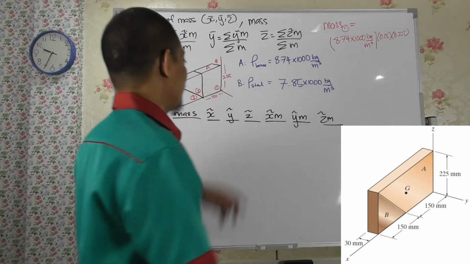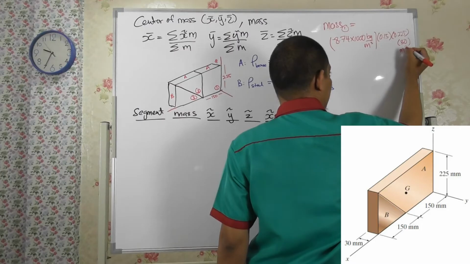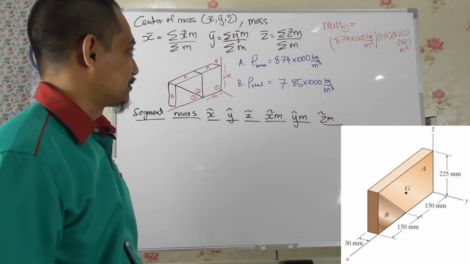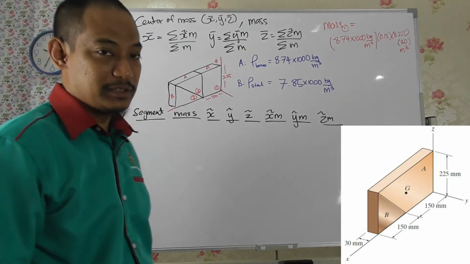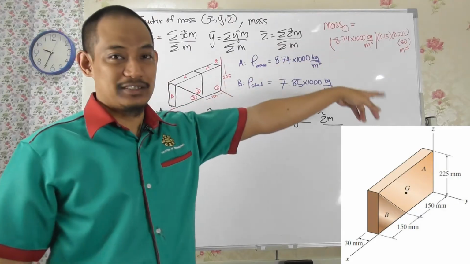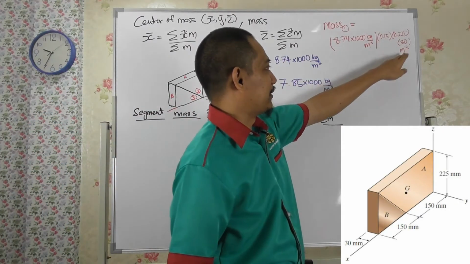Okay, so that one is 30 meter cube, right? Unfortunately, my space is not enough. So hopefully you understand, this is multiplied by that meter cube.